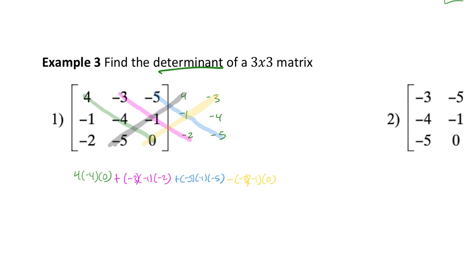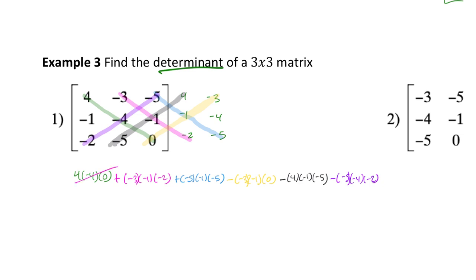So that means that that is minus 4, -1, -5. And then the last diagonal that I'm going to choose is this one here, and I'm going to subtract that one. So minus -5, -4, -2.